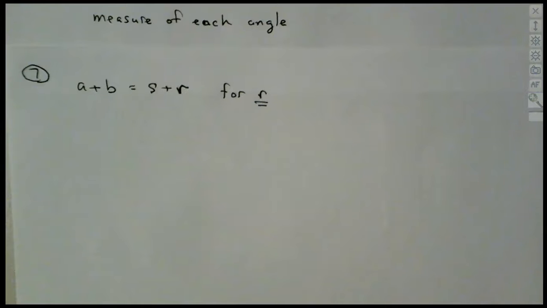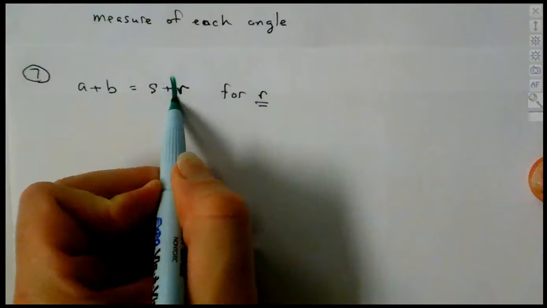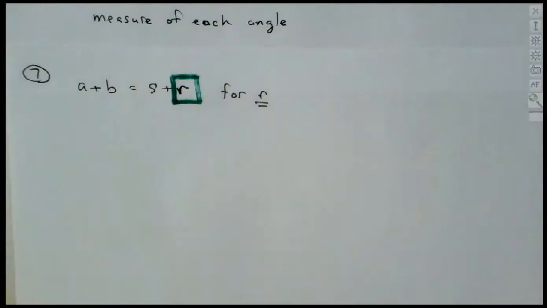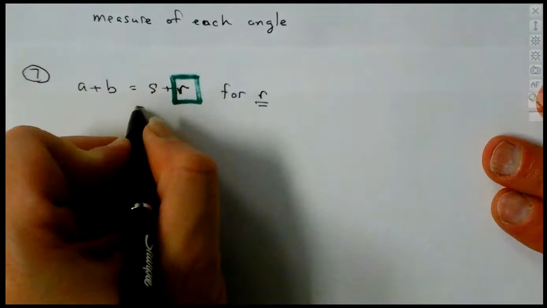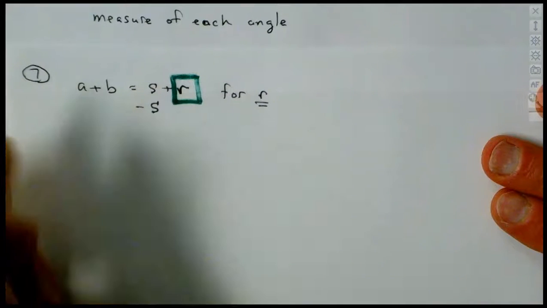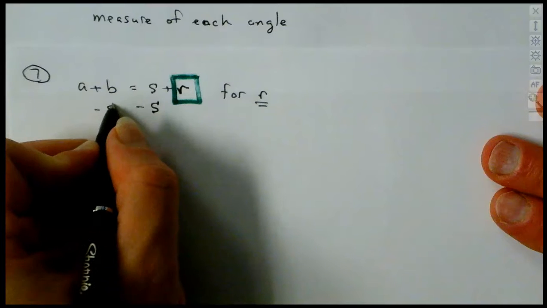Now, we move things across by using addition and subtraction. So what I always like to do is find our variable first, and we'll put a box around it. So there's our r. Now, I want to get that r by itself. So to get the r by itself, I need to remove the s. So I'm going to go ahead and subtract that s off from each side.